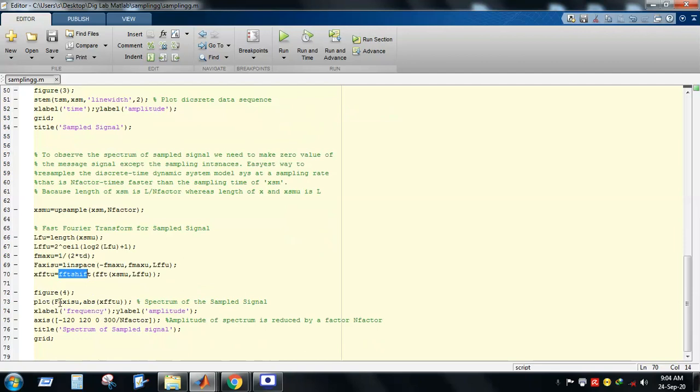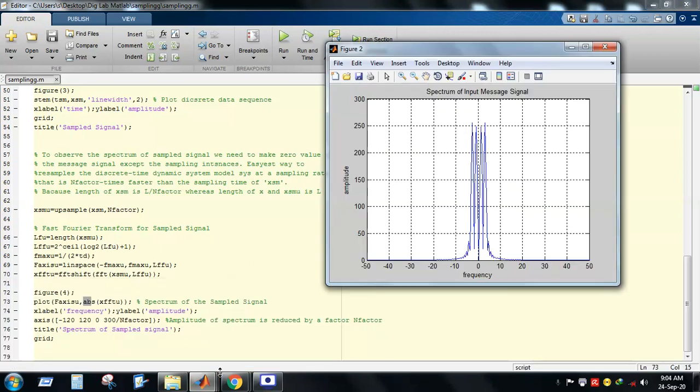To plot it we have to set the axis, and we plot the absolute value of XFF. Here we set the axis range from minus 120 to 120, 0 to 300 by n factor. Whenever we make the sampling, the amplitude of the spectrum will be reduced by the corresponding n factor for this particular problem, and we will ultimately get this type of plot.